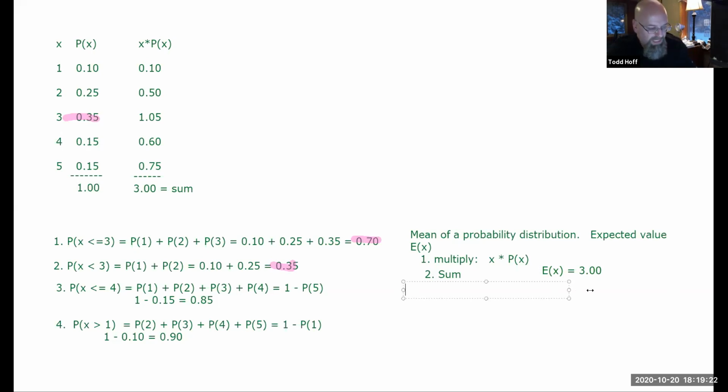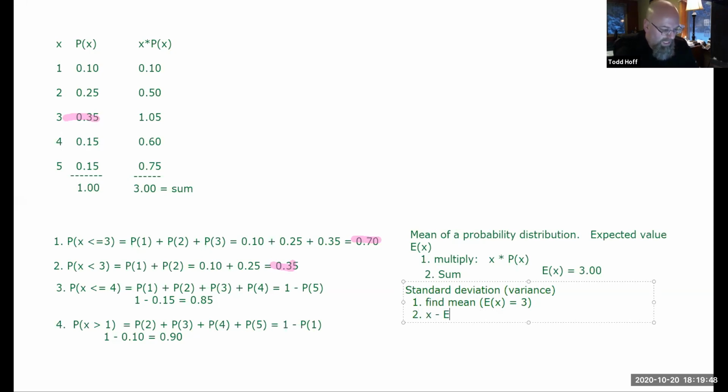While we discuss mean, we should probably discuss standard deviation. And of course, variance will be a part of this discussion as well. First step, find the mean. We already did that. E of x equals 3. Step 2, just like with individual values, is subtract the mean from each value.